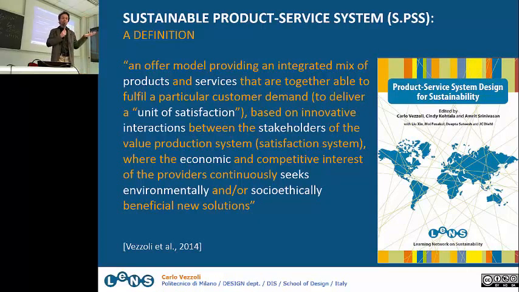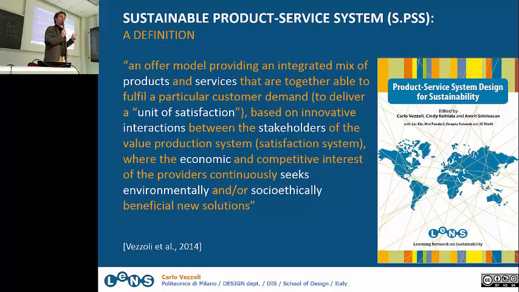So it's an offer model providing an integrated mix of products and services that are together able to satisfy what we call a unit of satisfaction, a particular demand, like eating in the Bovisa campus. It will be the design exercise of yours, or having clean clothes in a given context. So this is a unit of satisfaction, okay?